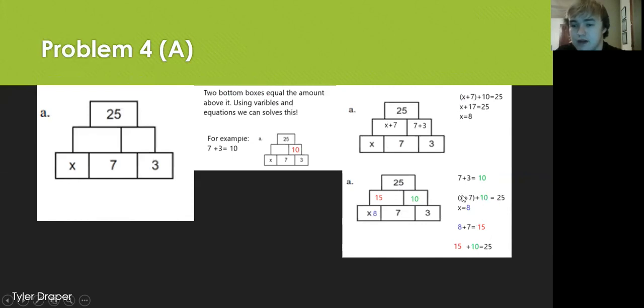Simple algebra: 7 plus 10 is 17, so x plus 17 equals 25. 25 minus 17, we get 8. So x equals 8. 8 plus 7, remember that was our equation there, equals 15. And just to check, 15 plus 10 equals 25. So we've completed our first pyramid.